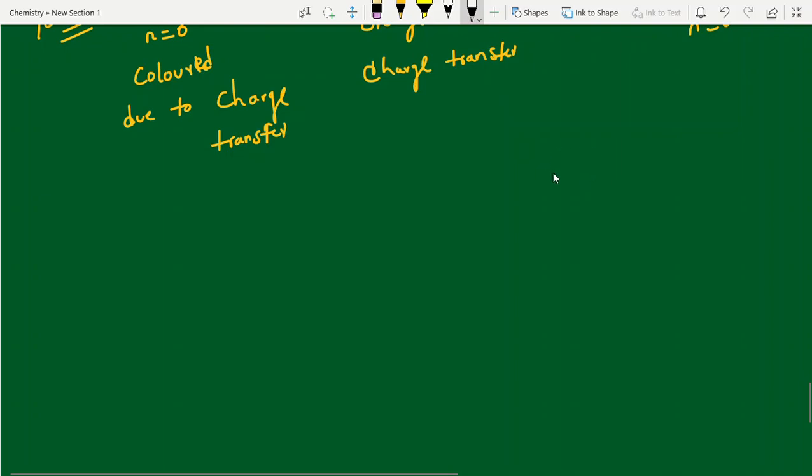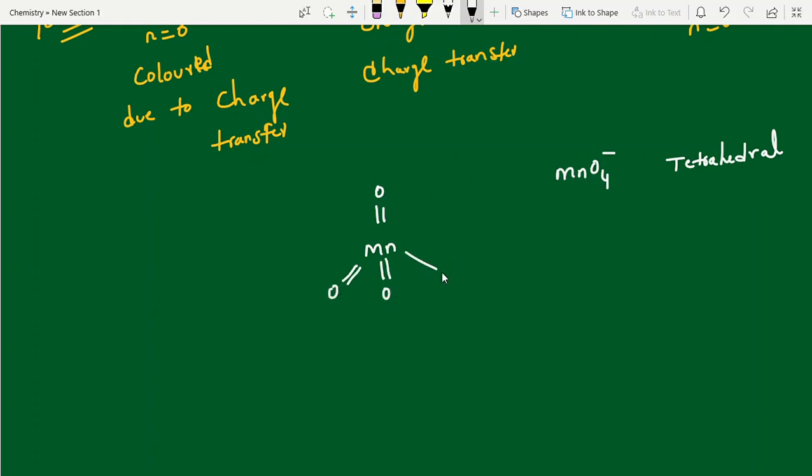Now MnO4 minus has a tetrahedral structure, right? So draw the structure first. Out of 4 oxygens, double bond O, double bond O, and this is O minus, O minus.